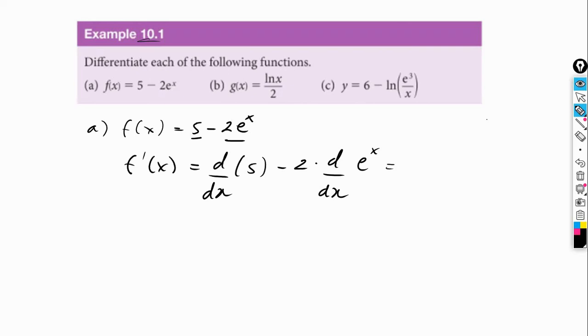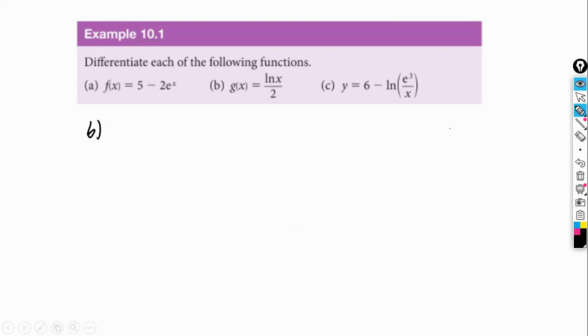So notice that the differentiation of 5, because it's a constant, is just going to be 0. Minus 2 times the differentiation of Euler's number to the x, and that's just going to be Euler's number to the x. And then we're left with the expression minus 2 times Euler's number to the x.